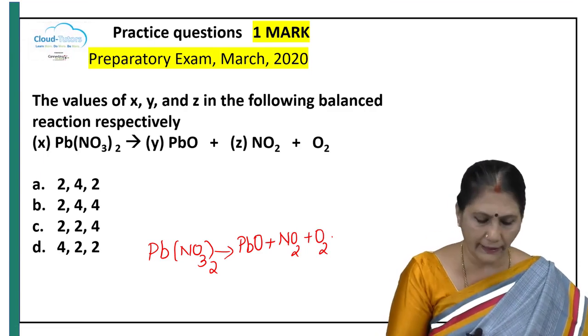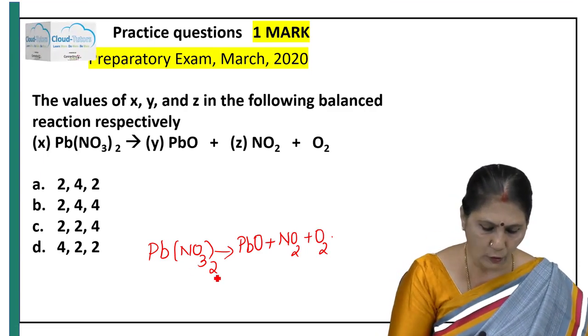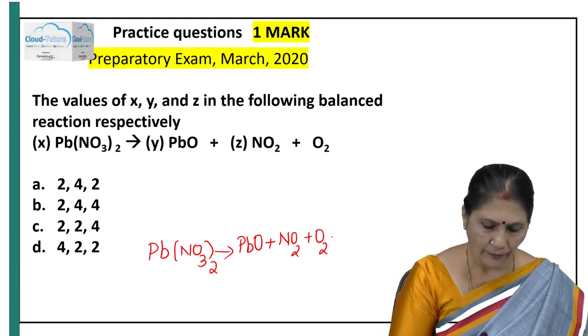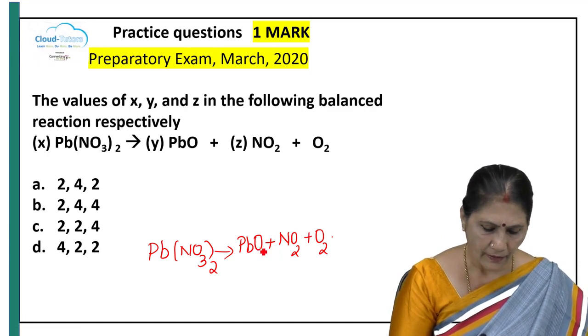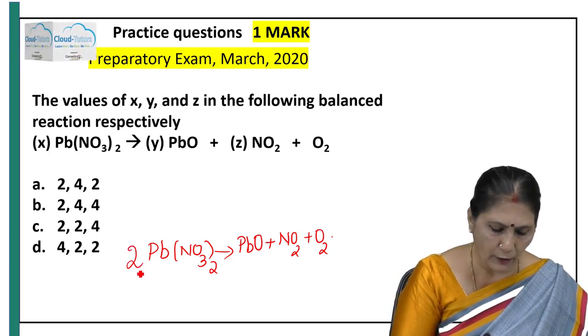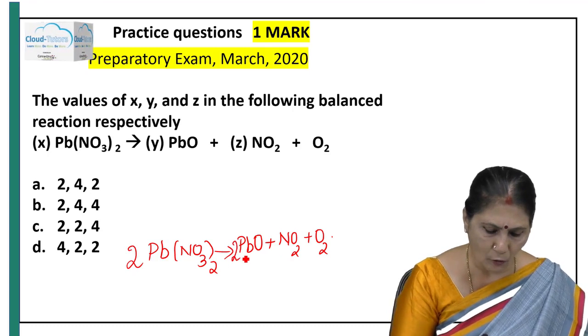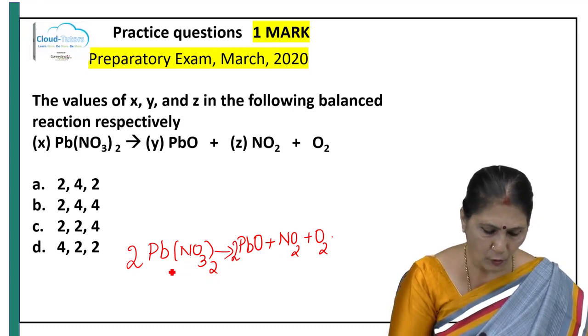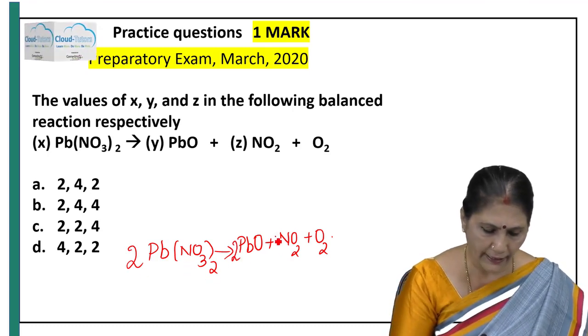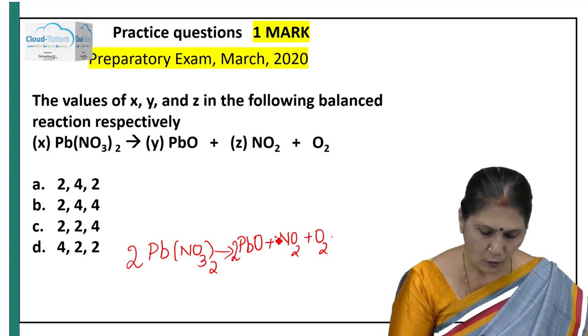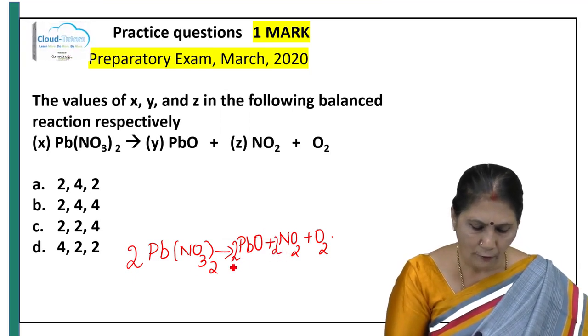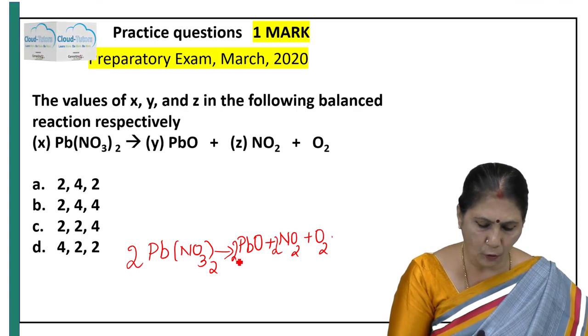Adopt the hit and trial method. Nitrogen is 2 here. Here it is only 1. Yes. Now 2 Pb(NO3)2 gives 2 PbO plus 2 into 2 becomes 4. Can I write here 2? If I write here 2, I want to quickly notice 2 Pb, 2 Pb. Then N2 is 2, 2 into 2, 4. Here also it becomes only 2.